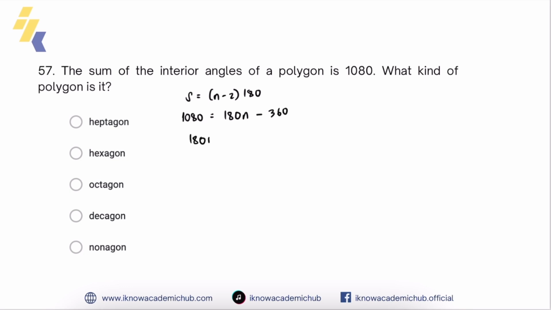So 180n is equal to 1080 plus 360. So we have here 180n equals 1440, and we divide both sides by 180. We have n is equal to 8. So an 8-sided polygon is octagon.